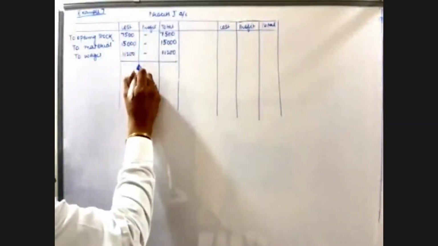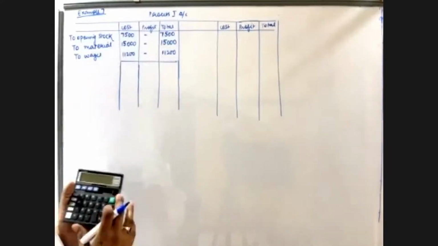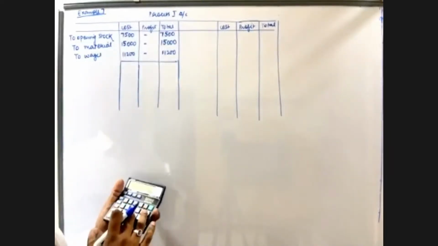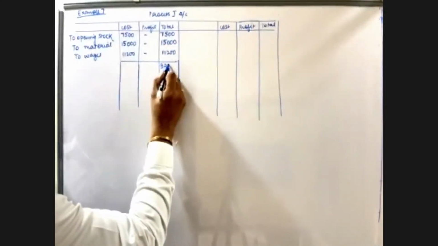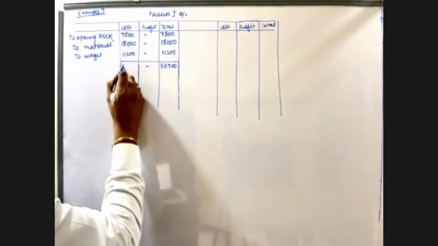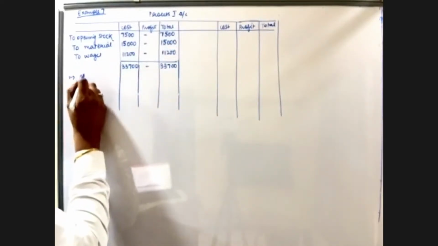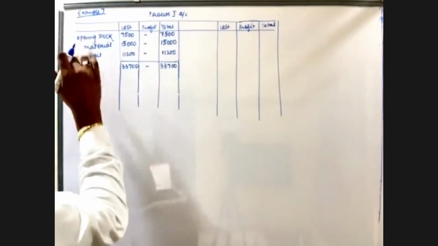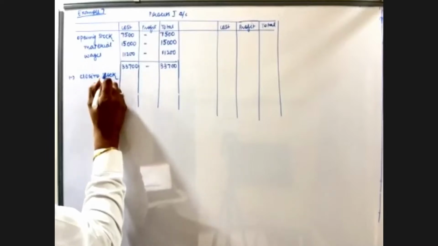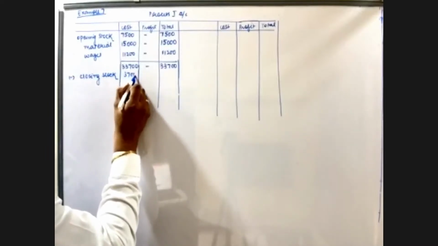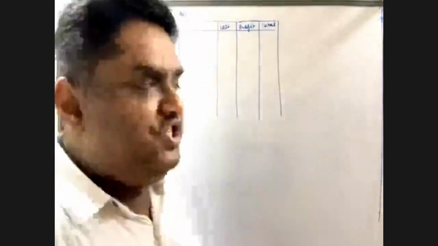Since it is given in the question that closing stock is to be valued at prime cost, that's why I'm calculating prime cost separately. So 7,500 plus 15,000 plus 11,200, this will be 33,700. In this, we will subtract closing stock, that is 3,700. That is given in the question.